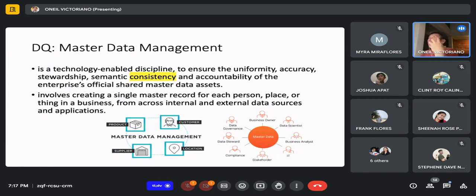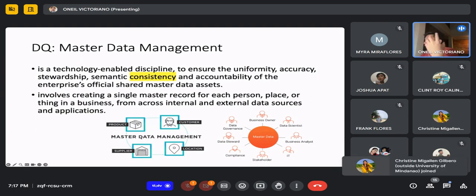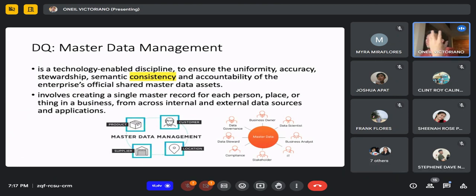It should hardly change. But this master data is mostly used in transactions, so all of this data should be consistent. Part of it would be looking into the quality of data, because master data is used by different stakeholders and different users.